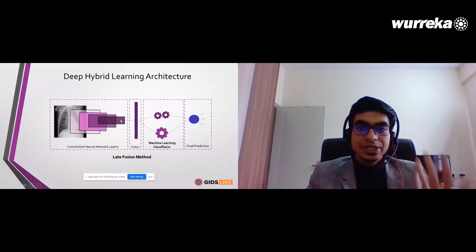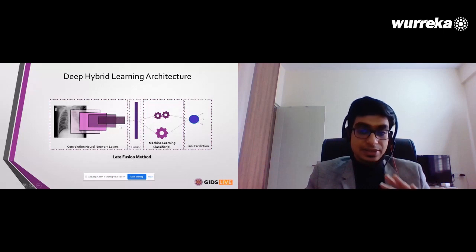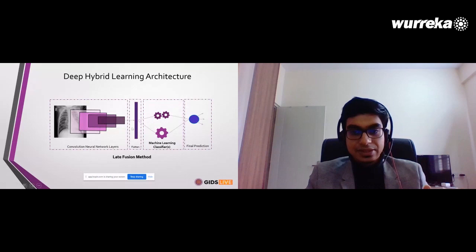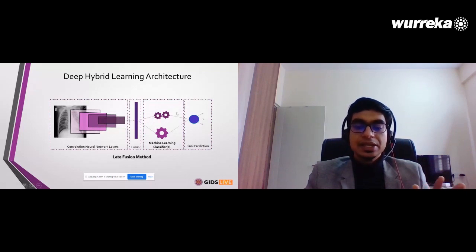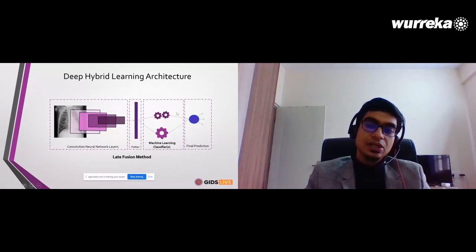Now, when we talk about deep hybrid learning, especially the late fusion method, until the feature extraction part it is almost the same, as it is. But in the final prediction part, instead of going through a fully connected neural network, we have a classical machine learning algorithm.